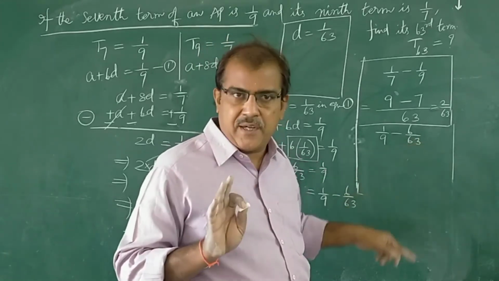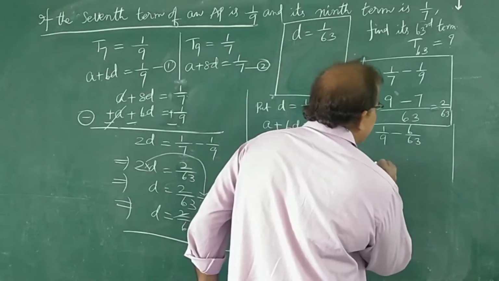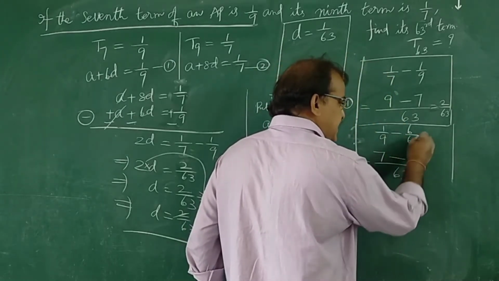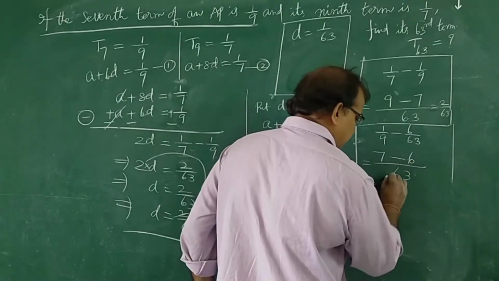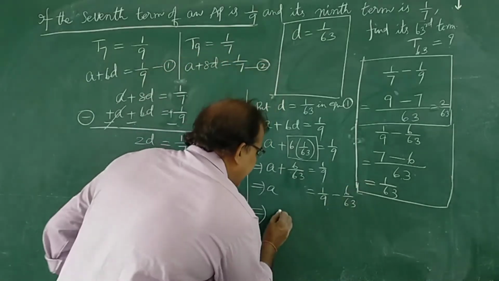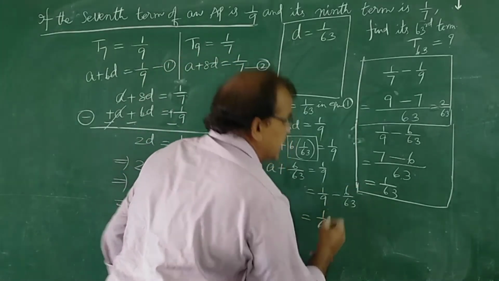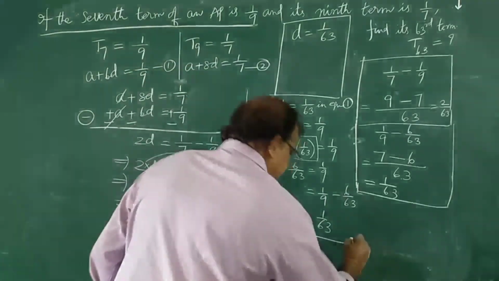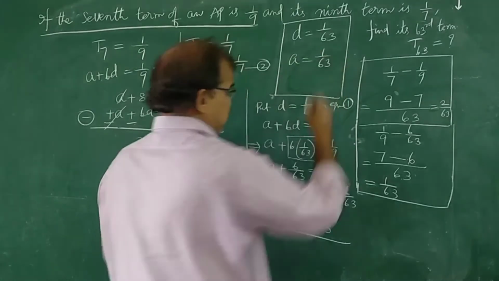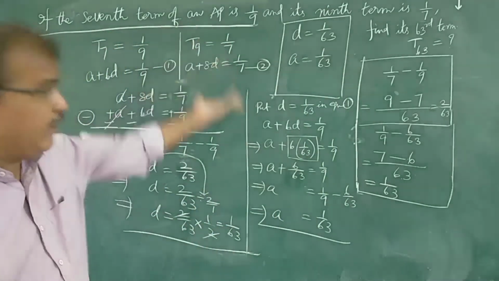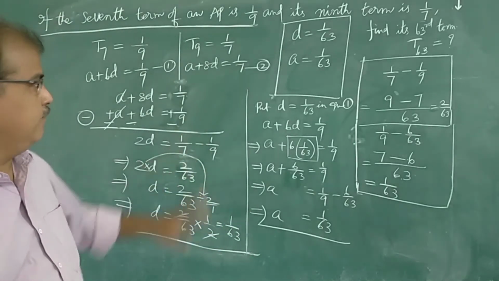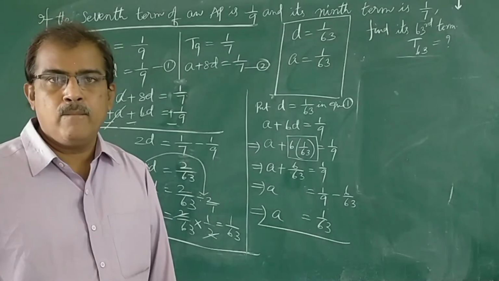No need to go for the prime factorization method. 63 divided by 9 is 7, into 1 is 7. 63 by 63, 1 into 6 is 6. That gives 1 by 63. So the A value is 1 by 63, and the D value is also 1 by 63. Both are the same values.